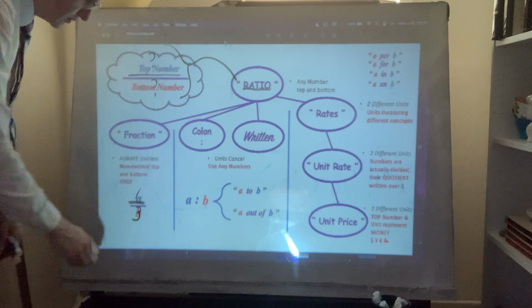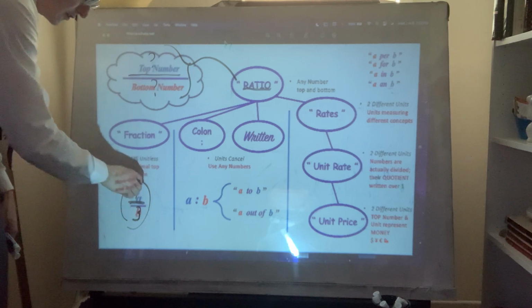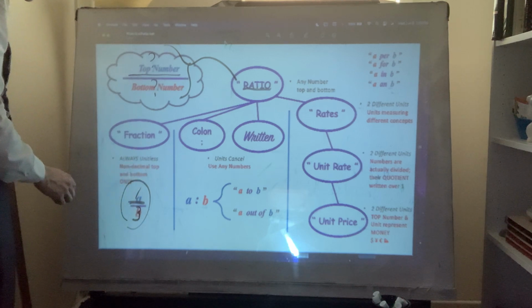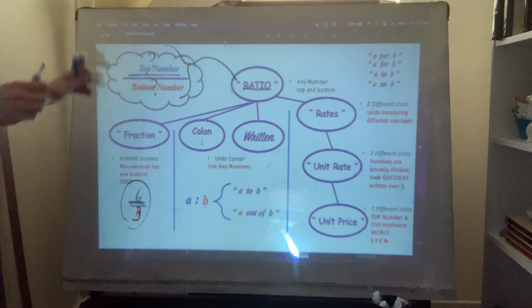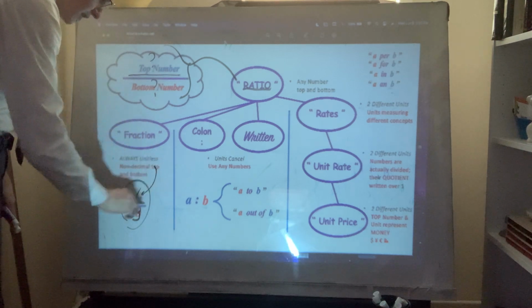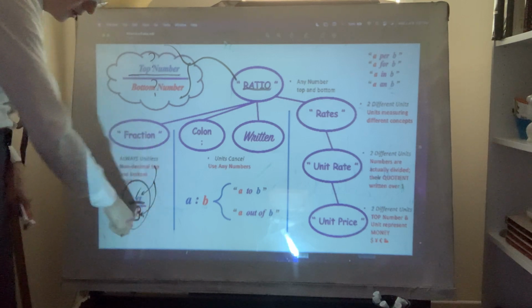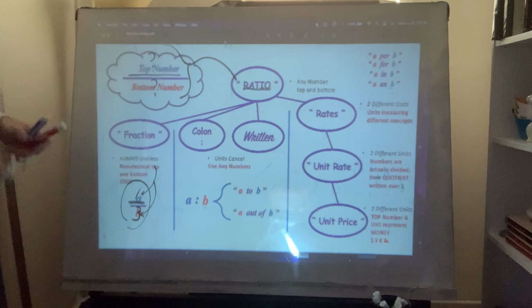Even though the whole thing represents a decimal, the individual parts are not decimals. So it's always unitless if it's a genuine fraction, with a non-decimal figure on the top and also on the bottom. All together, they represent a decimal.